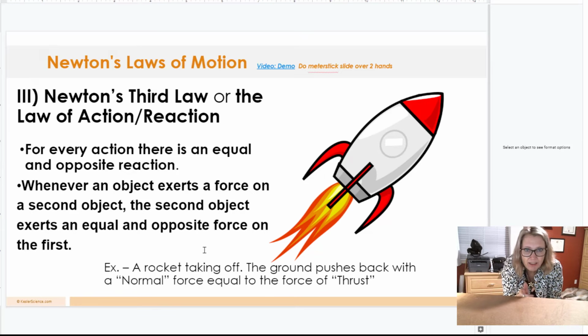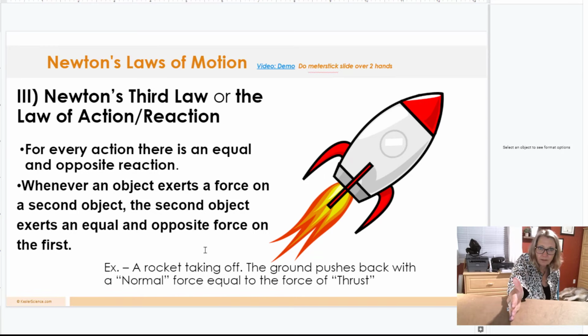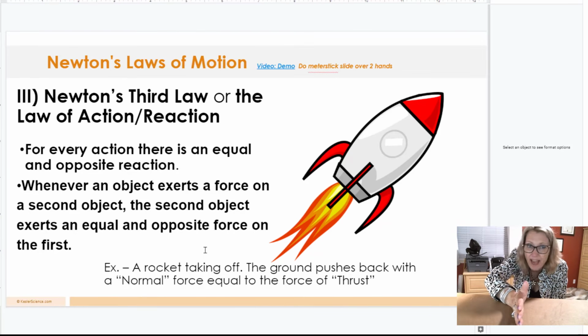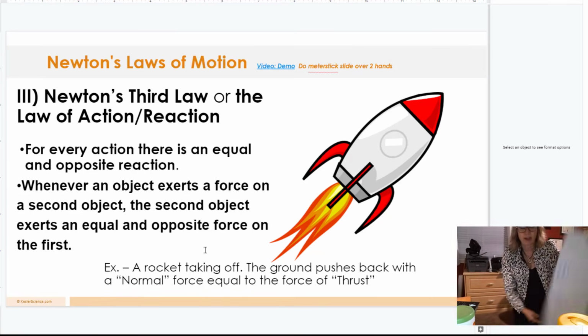But here's the thing. If I was to put 100 newtons of force, my hand is object number 1, the board is object number 2, and this board is also going to put 100 newtons of force back on my hand, right? So it does hurt. It's not like my hand is stronger and just goes through with no problem. It's going to have that same amount of force back on my hand. All right, so there we go.